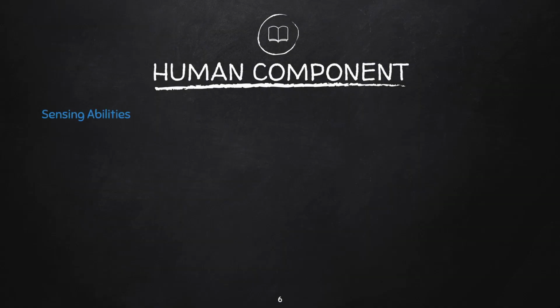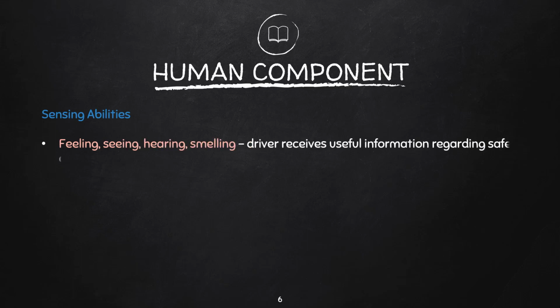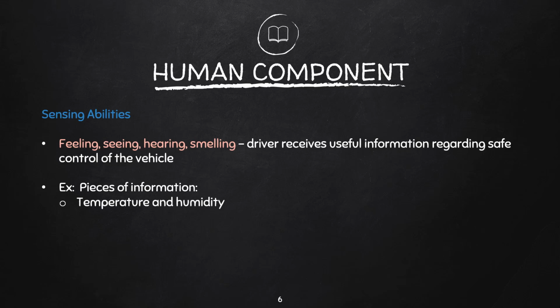Sensing abilities. This is composed of feeling, seeing, hearing, smelling. The driver receives useful information regarding safe control of the vehicle. Examples of this are pieces of information from the temperature and humidity. You can feel temperature and humidity, especially if your car window is open.